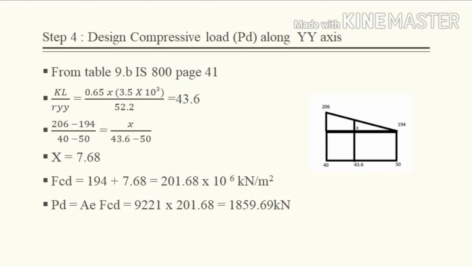For the values corresponding to this, the set is 40, 50 and so on, and the value corresponding to 50 is 194 and 40 is 206. So we have to find out the value for x. By considering the similar triangle conditions, 206 minus 194 by 40 minus 50 is equal to x by 43.6 minus 50, and x is equal to 7.68.